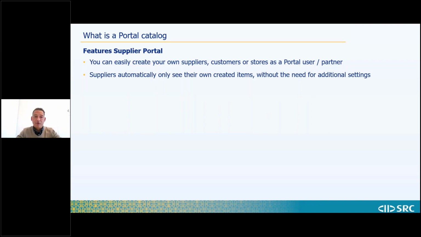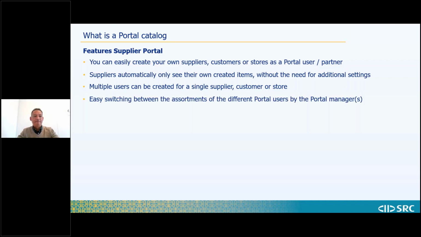So just creating the partner or the portal user is enough to make sure that they can only see their own items. When needed, it's also possible to create multiple users for one supplier, customer, or store, for instance, per department, if necessary. And as a portal manager, you can easily switch between the assortments of the different portal users.